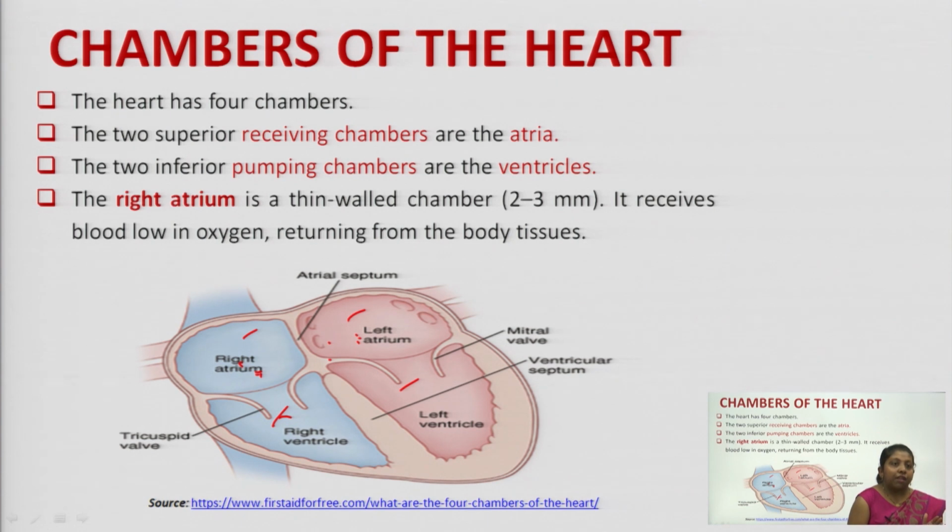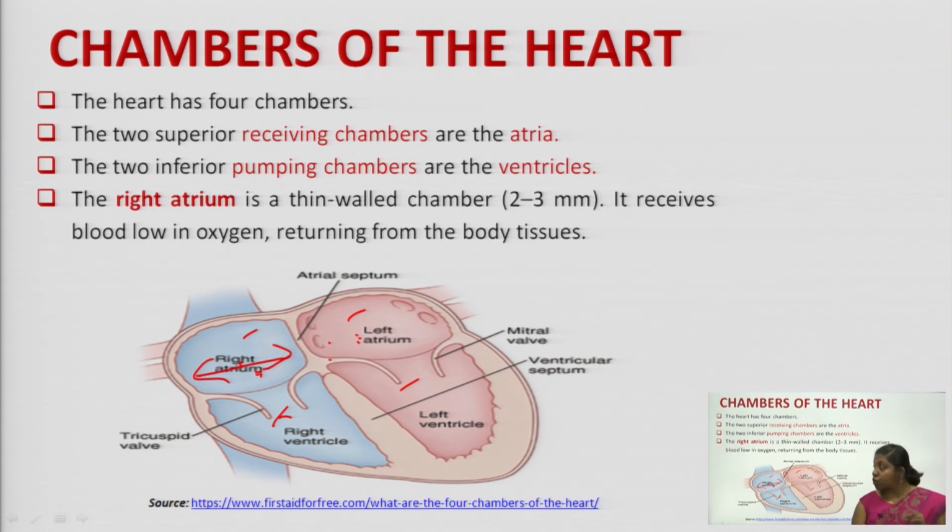So the first one is your right atrium. Right atrium is a thin walled chamber, near about 2 to 3 mm in thickness, and it receives blood that is low in oxygen, which is returning from the tissues.